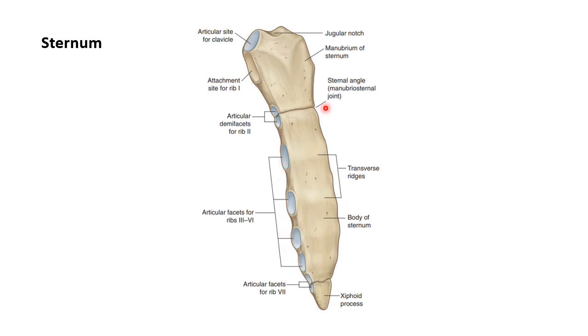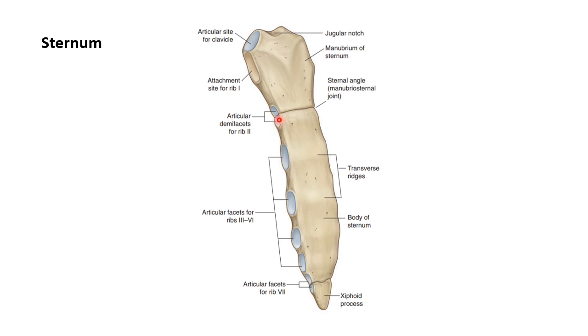On each side of the body of the sternum, I have four complete articular facets to articulate with the third to sixth costal cartilages, and two demifacets on the upper and lowermost part of the lateral aspect of the sternum.